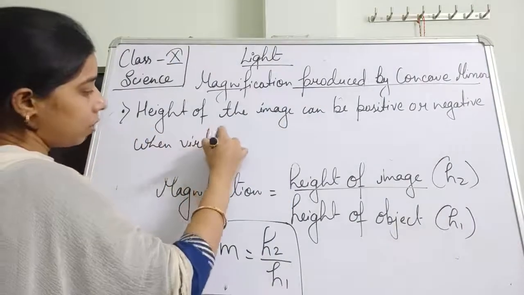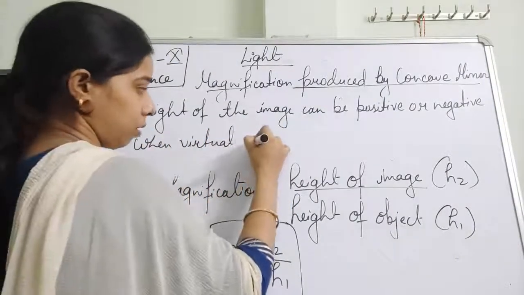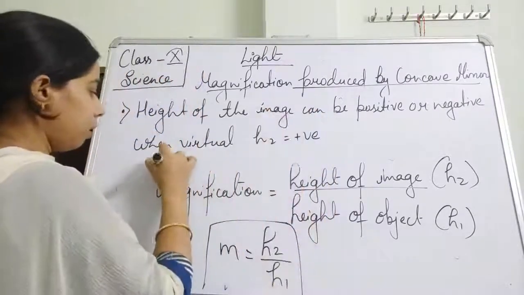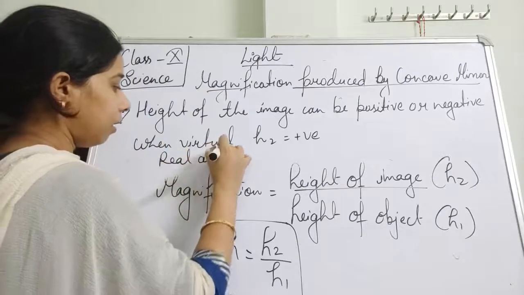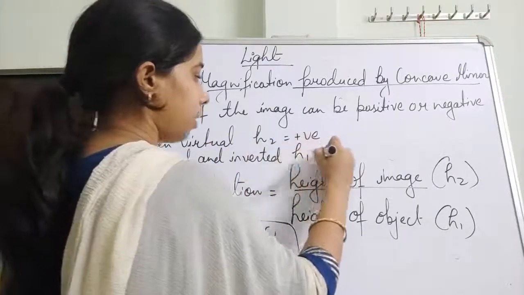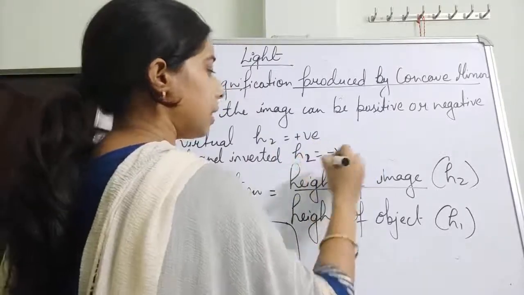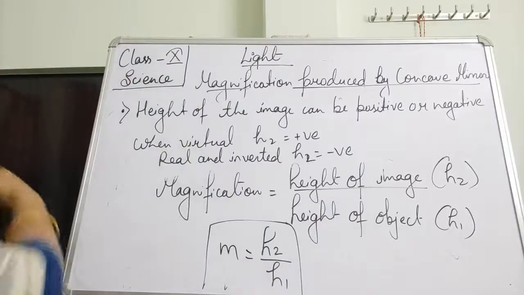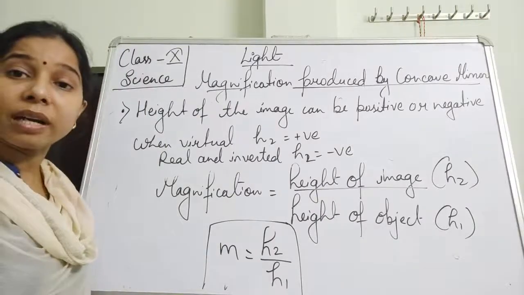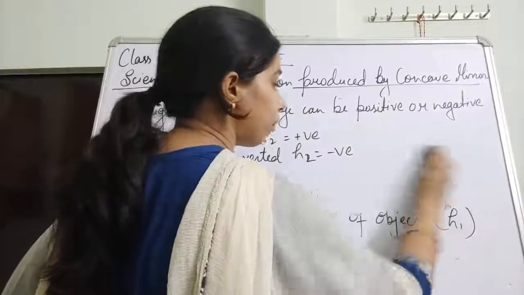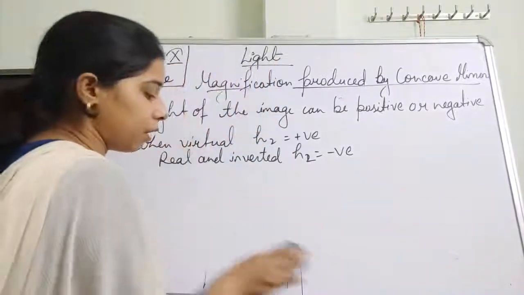When the image is virtual, H2 will be positive. When it is real and inverted, H2 will be taken as negative. When H2 is negative, the magnification will come out negative. And when H2 is positive, obviously both of them are positive, so the magnification will be positive.